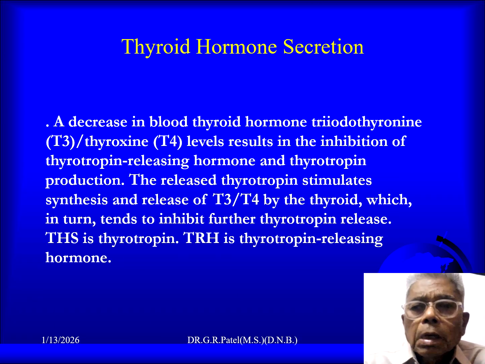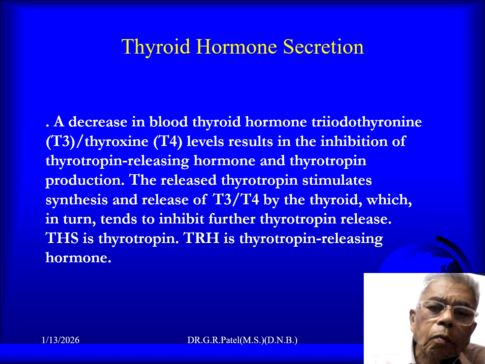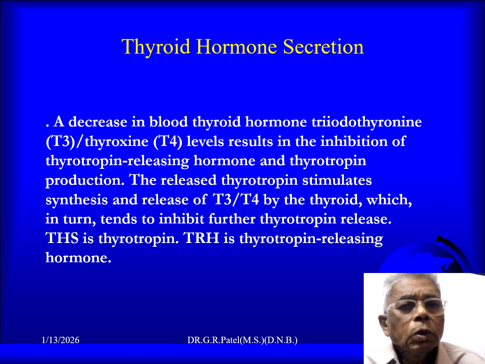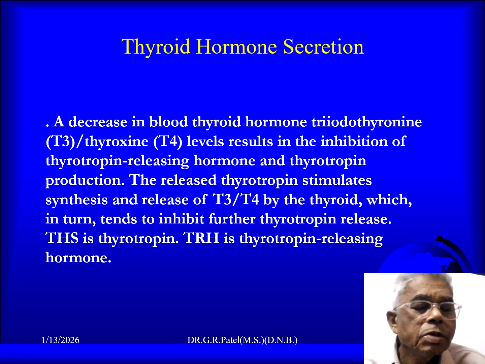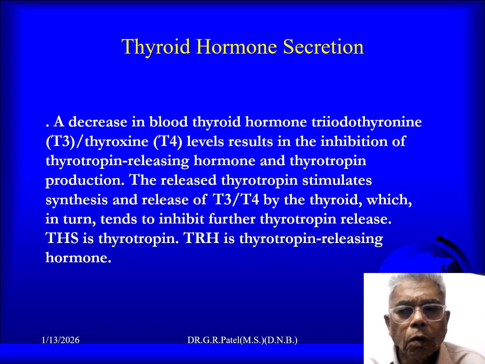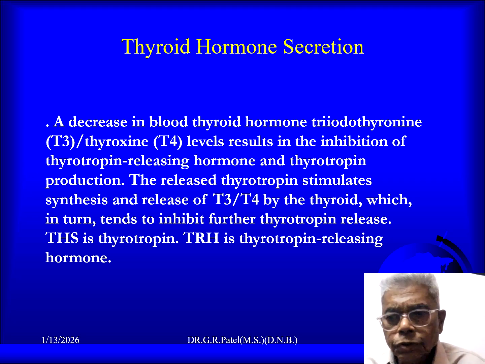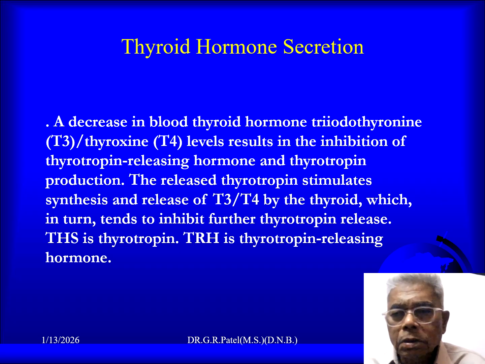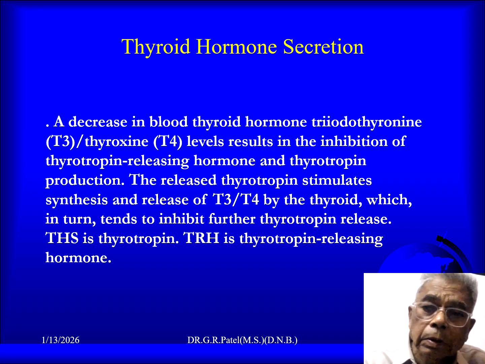A decrease in blood thyroid hormone triiodothyronine T3 or thyroxine T4 levels results in the stimulation of thyrotropin releasing hormone and thyrotropin production. The released thyrotropin stimulates synthesis and release of T3 and T4 by the thyroid, which in turn tends to inhibit further thyrotropin release. TSH is thyrotropin, TRH is thyrotropin releasing hormone.